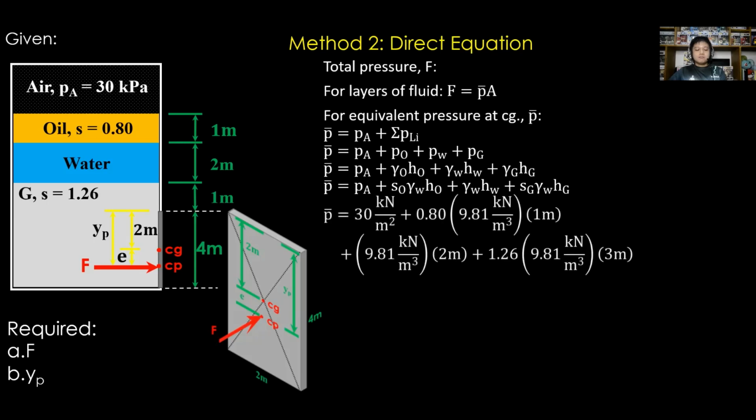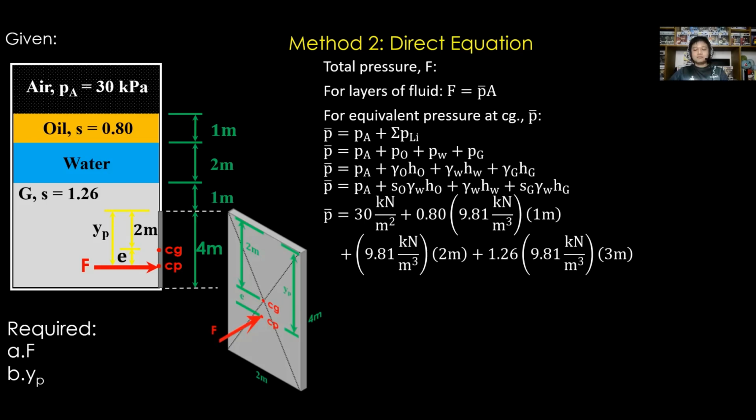For P bar, if we now substitute our values, P bar is equal to PA, that is 30 kilonewtons per square meter, plus for oil, we have specific gravity, that is 0.8, times unit weight of the reference fluid, 9.81, times the height of oil, which is 1 meter. Plus, for water, we have 9.81 as its unit weight, times the depth of water, that is 2.